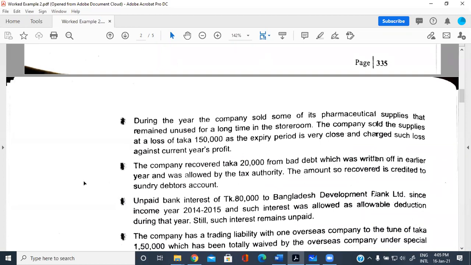Okay, without looking for the meaning in Bangla, we just recognize it as accounts receivable. It is simply receivables.